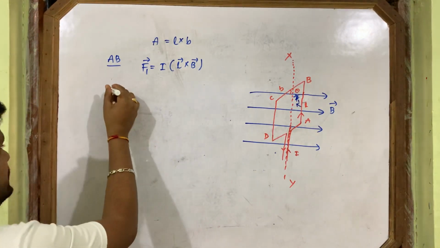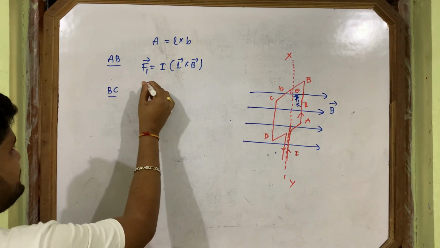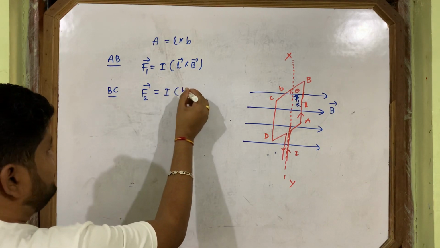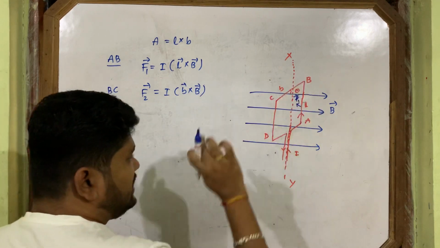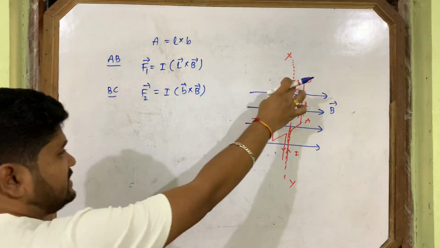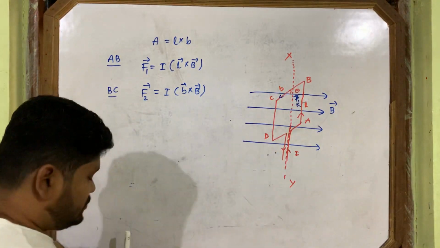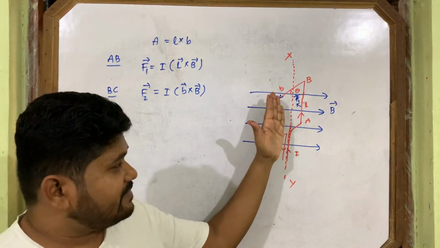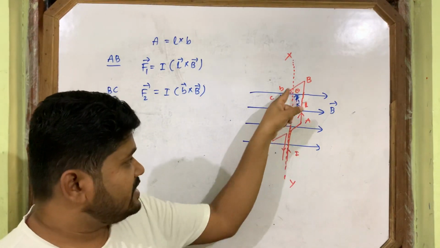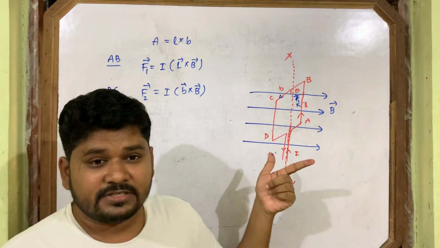Then you come to BC. On BC, F2 force acts, I into B vector cross B vector, because its length is B. I have taken L cross B, but its length is B. So where is the direction of force? The current is coming out. This is a 3D diagram also. The coil is kept like this, making some angle. If current comes out, then where is the direction of force?